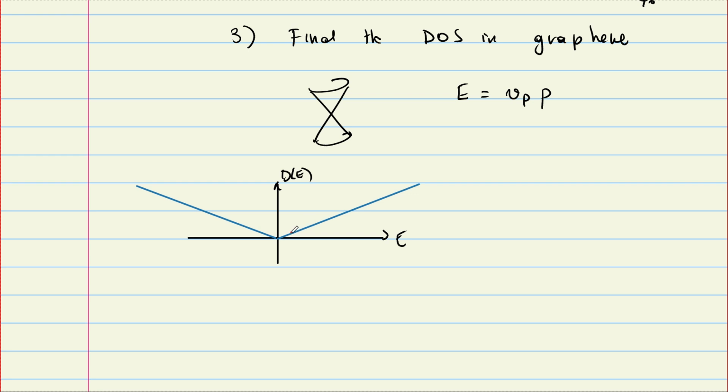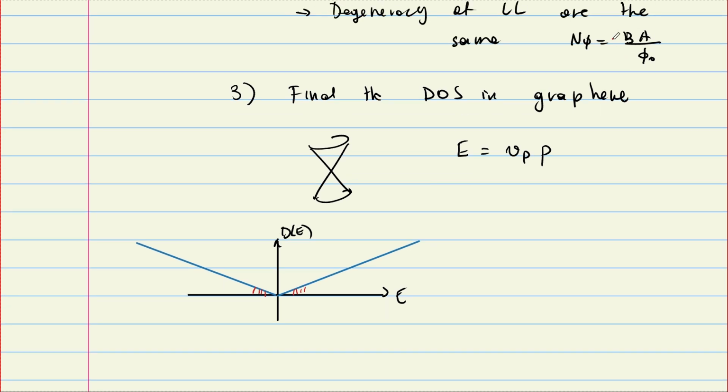You can see there are fewer states here, and to fill the Landau level, which has the same number of states, you need a bigger gap here, right? Because the area is decreasing here, you need a bigger area here. But here the height is a little bit higher, so you don't need as much area. And here even more so.